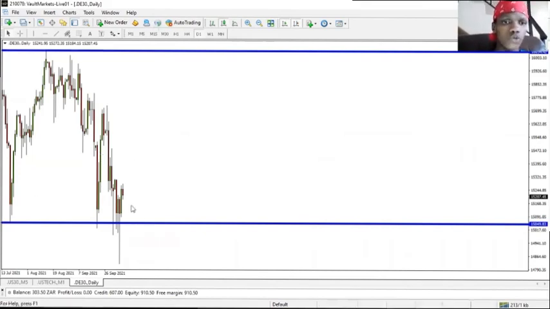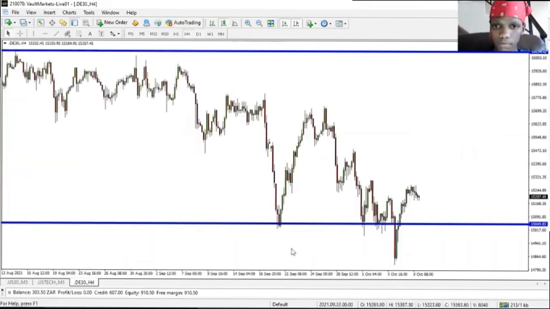So right now that you can see what the market is doing, you can go to the lower time frame, and as you can see, in the lower time frame, since this is our horizontal line, it made a fake out here, and then sellers were trapped, and then price starts to shoot up massively.